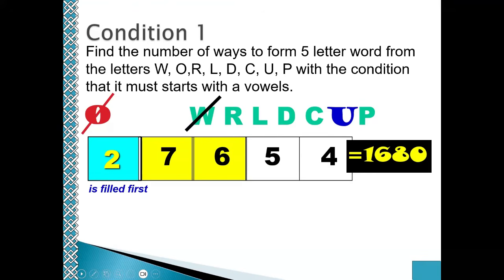I have to just fill up certain letters. WORLDCUP is given to me. The condition is that the first place must be only an oval. So 2 ovals are there, I can pick any oval, so I have 2 options there. And when it comes to the second place, I have 7 letters, then 6 letters, then 5 letters, 4 letters.